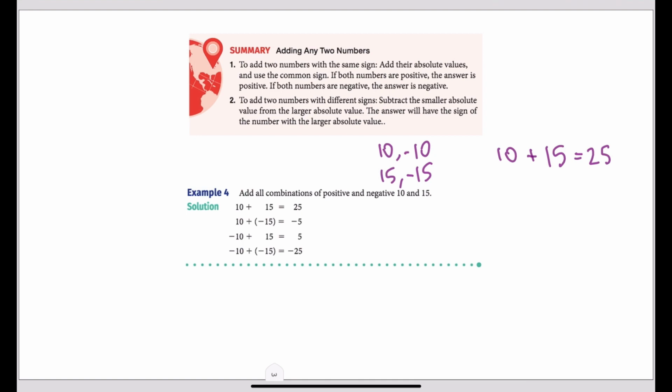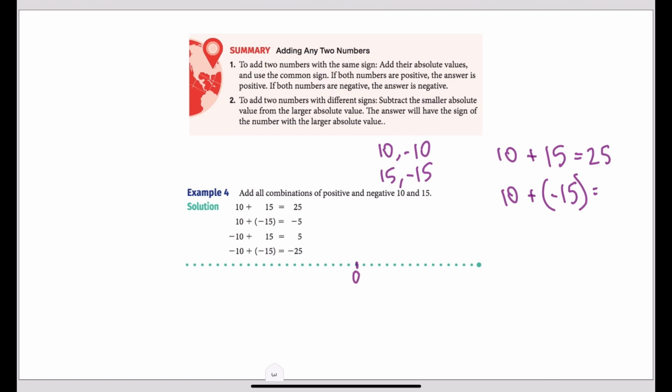Now let's add one positive and one negative. I'm going to start at 10 on my number line, and let's see if there's enough units here. I think there's probably almost enough. Let me make my 0 here, so here's my 0.